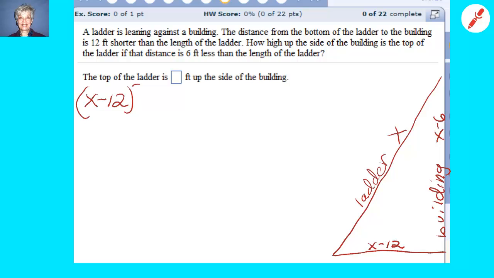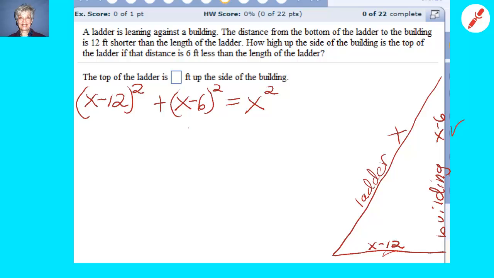And so we'll have (x minus 12) squared plus (x minus 6) squared equals x squared. That's a squared plus b squared equals c squared.